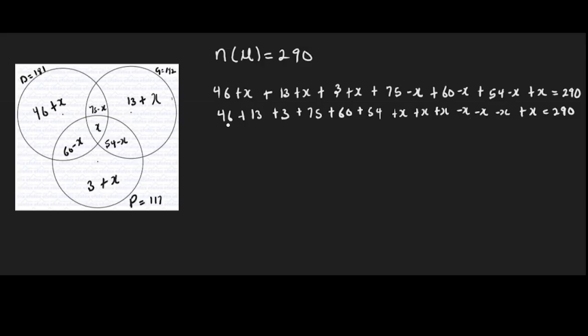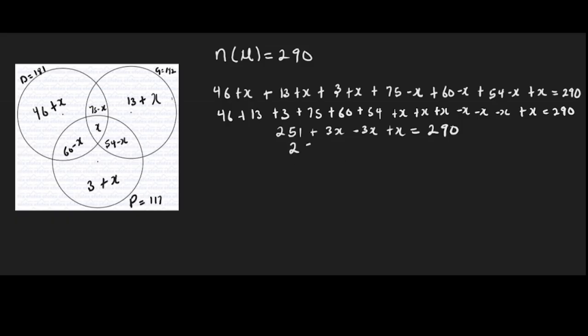Now we have 46 plus 13 plus 3 plus 75 plus 60 plus 54, which would give us 251. We have plus x plus x plus x, 3x, minus x minus x minus x, minus 3x plus x equals 290.